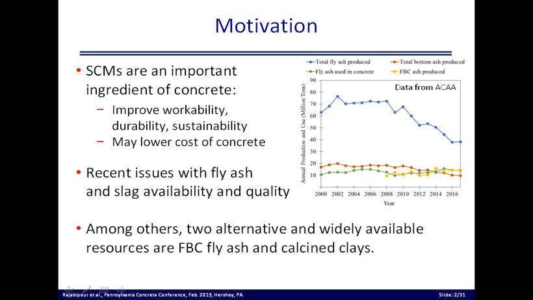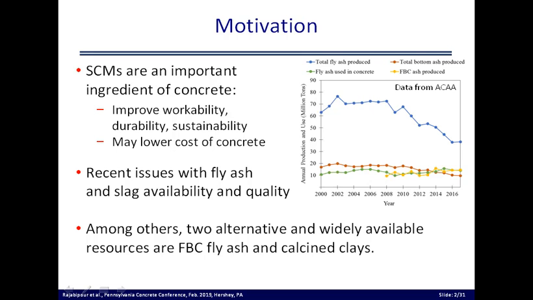Also, there have been some air emission regulations that have come into effect over the last 5 to 10 years, which affect the quality of the fly ash, such as its carbon content or presence of activated carbon or the sulfur content or the alkali content of fly ash.